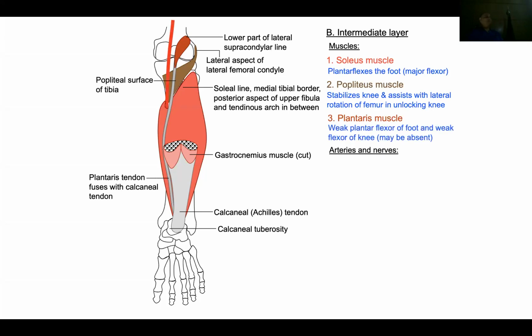Arteries we talk about: popliteal artery, posterior side, posterior tibial artery. And then it gives genicular branches. Guys, don't forget learning the anastomosis around the knee as well. I remember a few years back, this was one of the questions in the final SAQ.